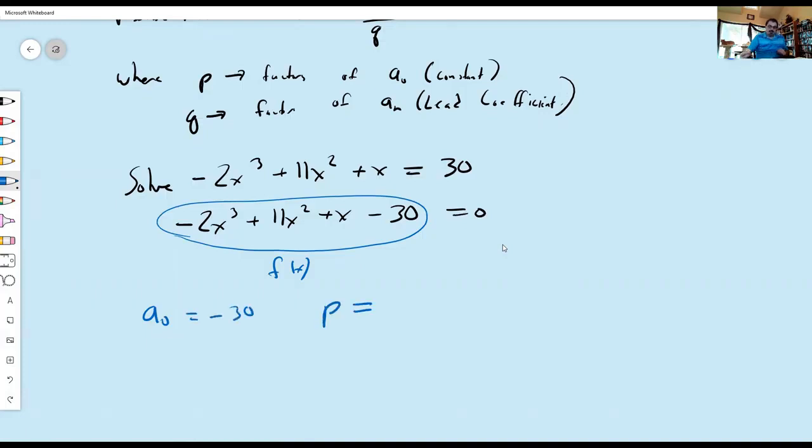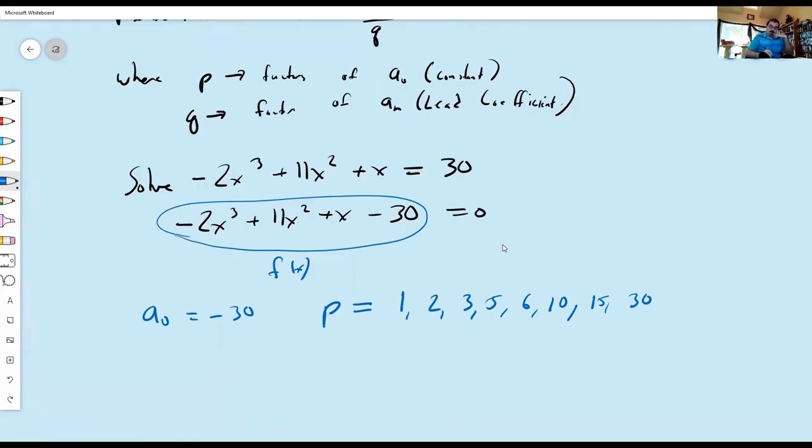So all your possible p's. What are the factors of 30? Well, we have 1 and 30, 2 and 15, 3 and 10, 5 and 6. So we're going to list all those. Now, a0 is minus 30.